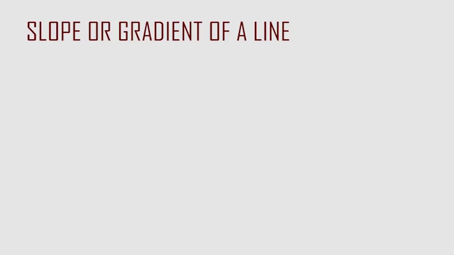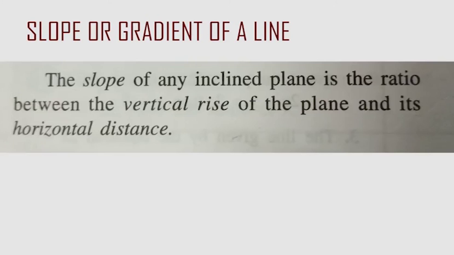Slope or gradient of a line. The slope of any inclined plane is the ratio between the vertical rise of the plane and its horizontal distance.